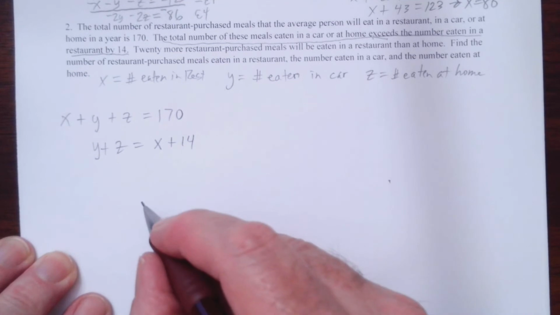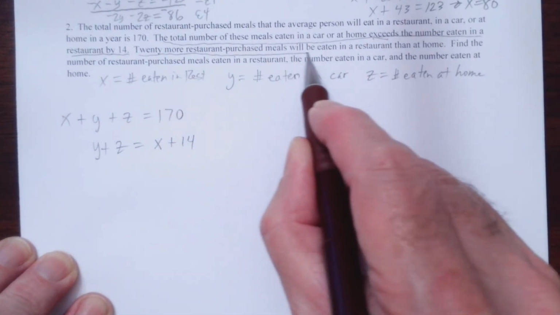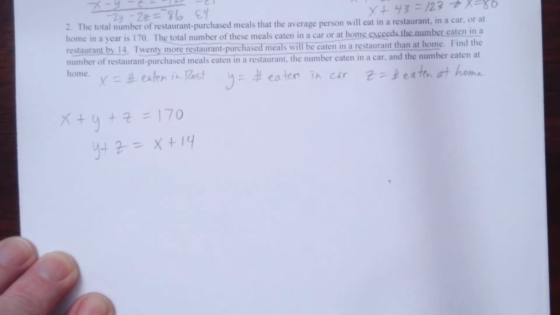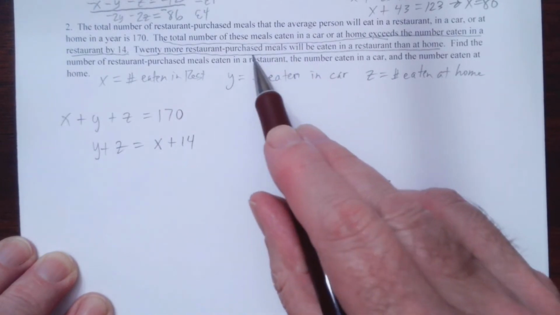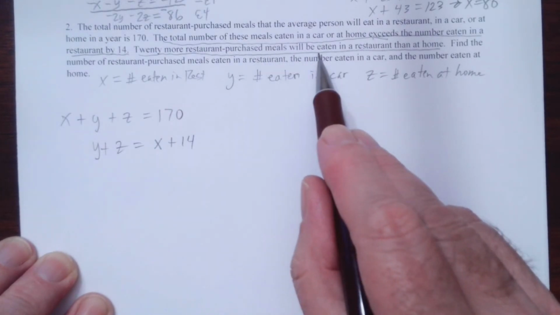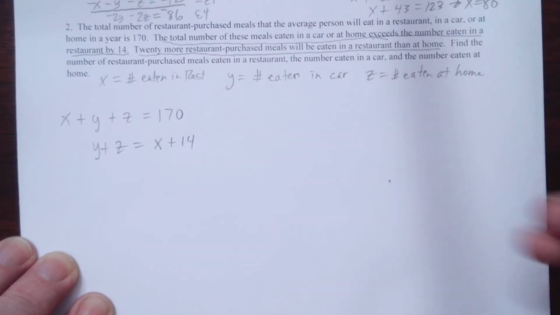All right, and then finally we have 20 more restaurant purchase meals will be eaten in a restaurant than at home. So 20 more eaten in a restaurant than at home.